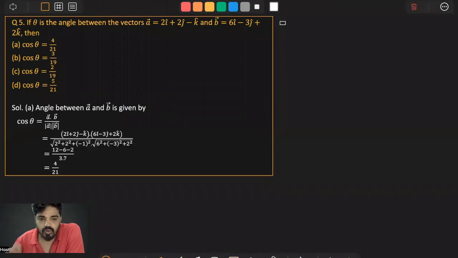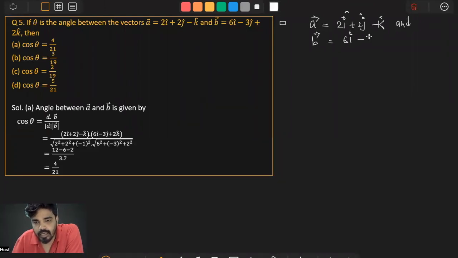Here we have to calculate the angle. If theta is the angle between the vectors, what are the vectors? Here A is given 2i plus 2j minus k, and B is given 6i minus 3j plus 2k. What is the formula?